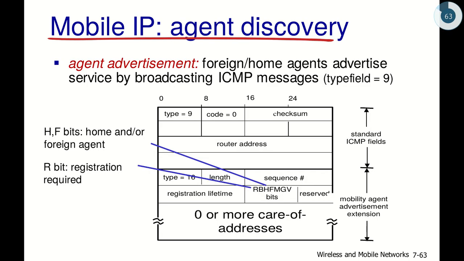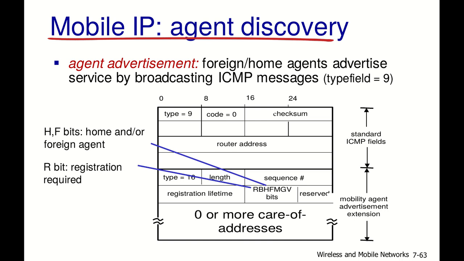Alright, the second one is agent discovery. There is an advertisement sent by the home agent or the foreign agent to the mobile terminals within the network.